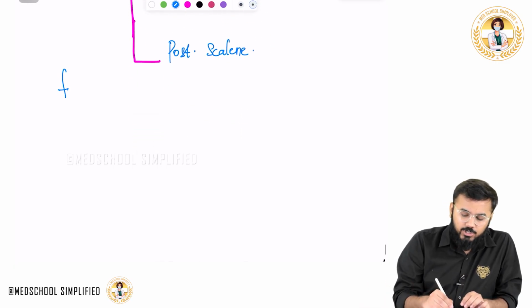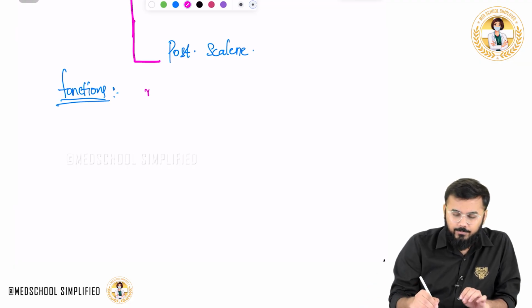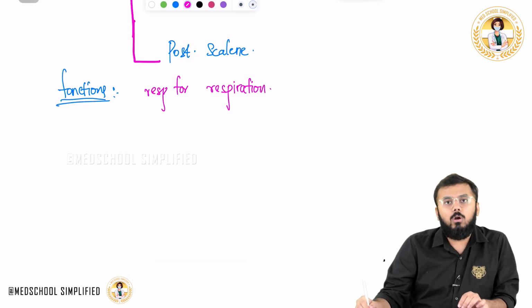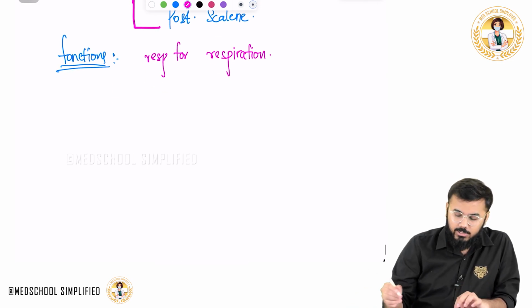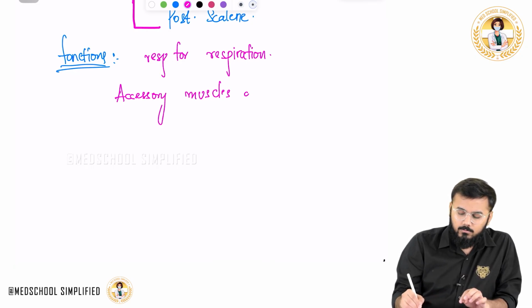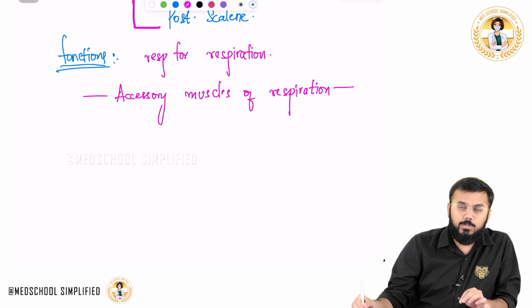So what is the function of these scalene muscles? All these scalene muscles are responsible for respiration. How are they responsible for respiration? Because these scalene muscles are also called the accessory muscles of respiration.